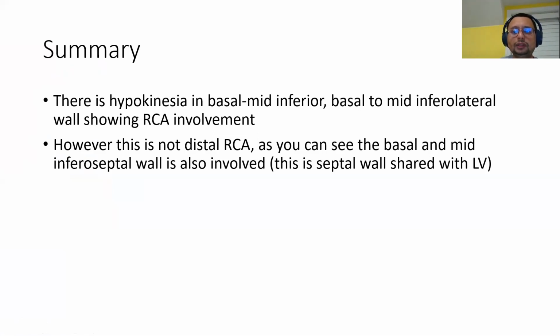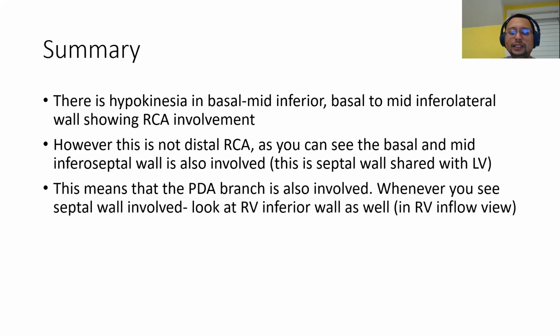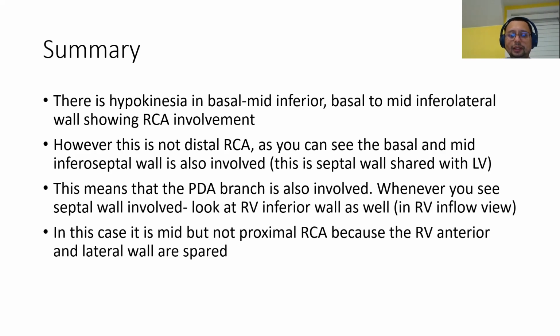Now, once you see the septal wall involved, always see whether the RV inferior wall is also involved, because it is supplied by the same PDA branch of the right coronary artery. And as you can see in this patient, that part is also akinetic. So in this situation, what has happened? The patient has a mid right coronary artery myocardial infarction.